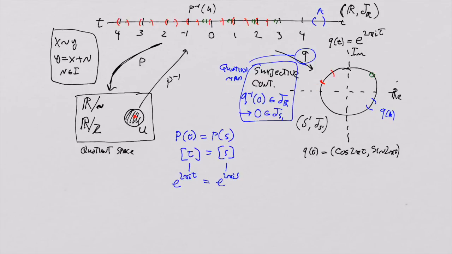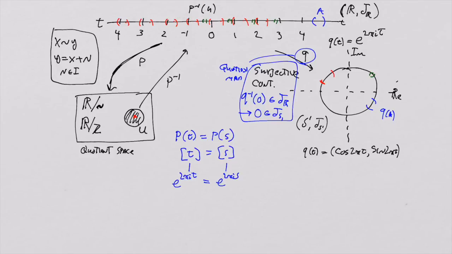The reason that's important is because if you look at the inverse projection of an open set U, which was these red lines initially, going back to that first, the preimage of that open set in the real line is saturated.